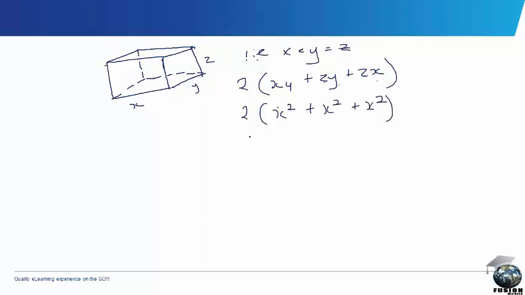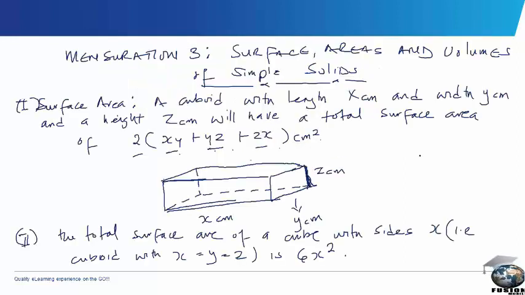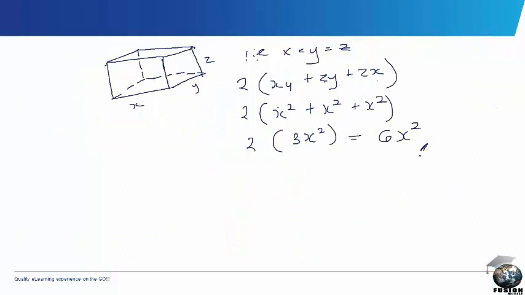So this becomes 2 times 3x squared, which is 6x squared. This is how we came about this formula. Since you've been clarified about this, we can go on and talk about other circular shapes.